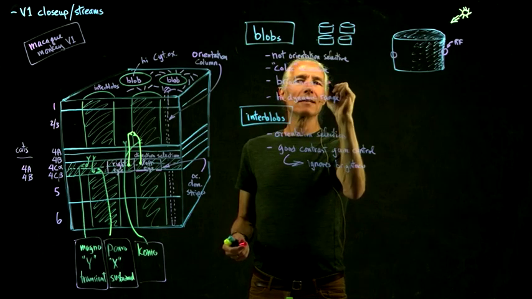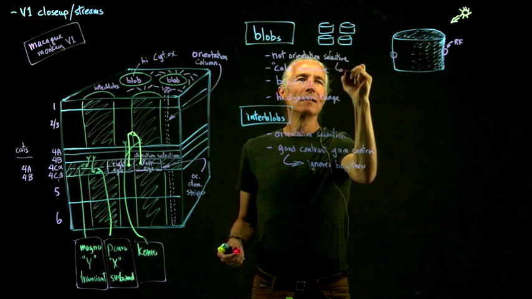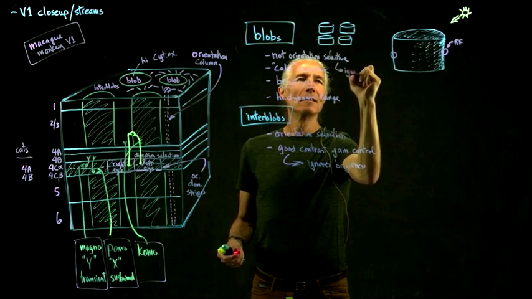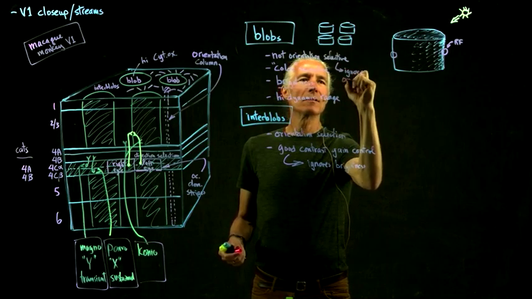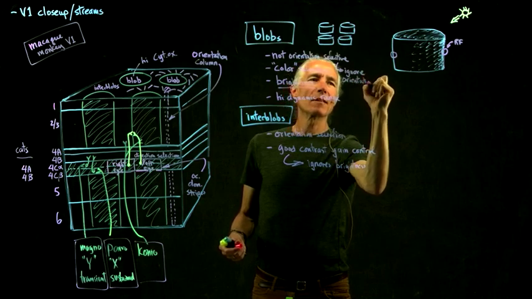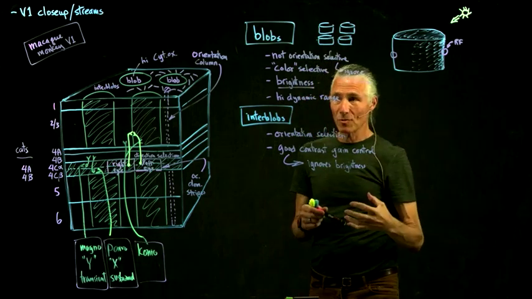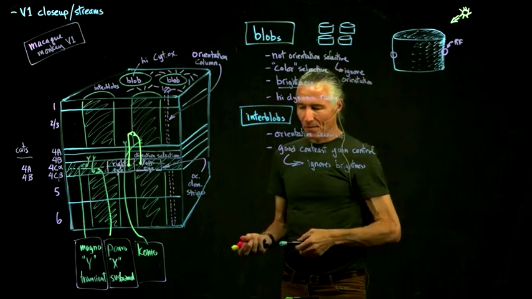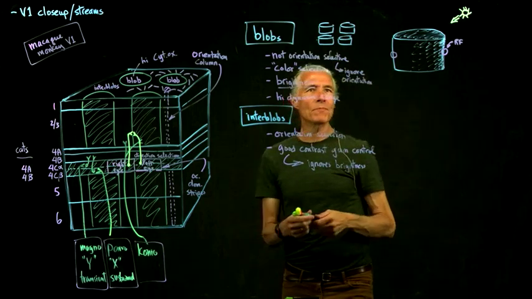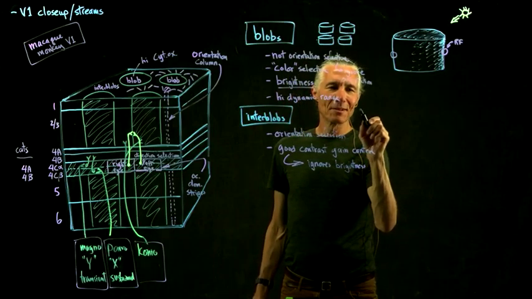This guy ignores orientation. So this is how you can sort of see these streams being constructed. Now, what are the interblobs? I always try to hopelessly draw this.